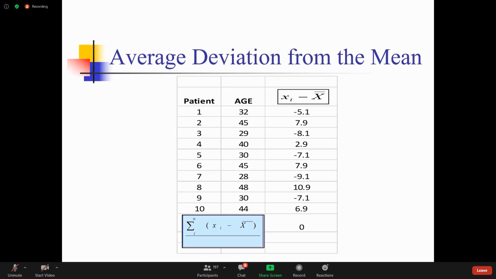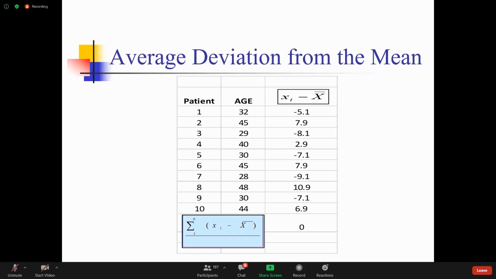And remember, every single time you take the average deviation from any mean, it is 0. Why is that? Because remember the mean is the center. When you take the average deviation, you take all the points to the right and all the points to the left and add them up. They must be 0. If they are not 0, the mean is not the mean, because the mean is the center.